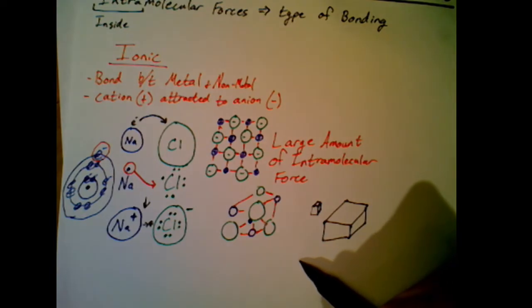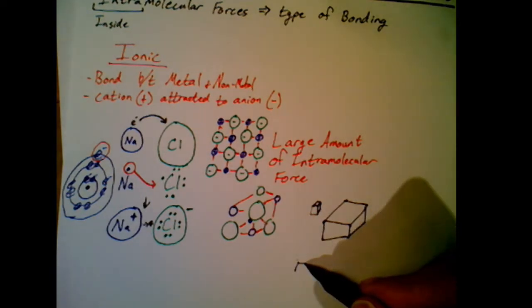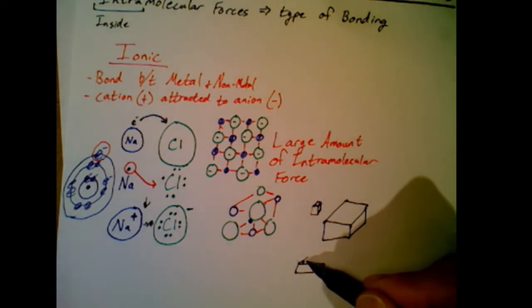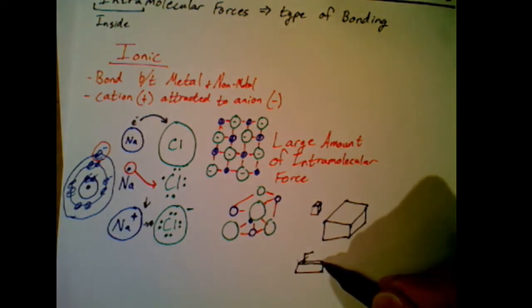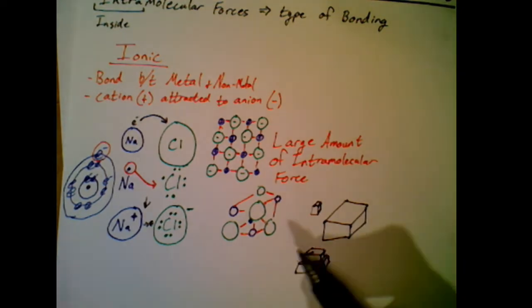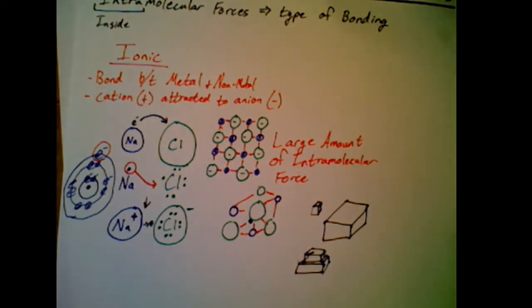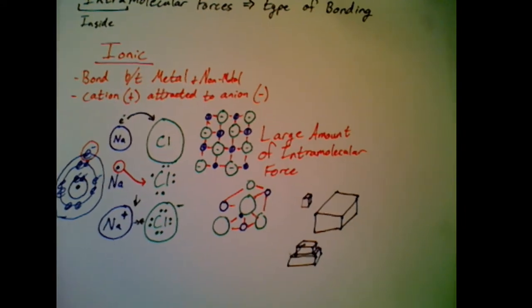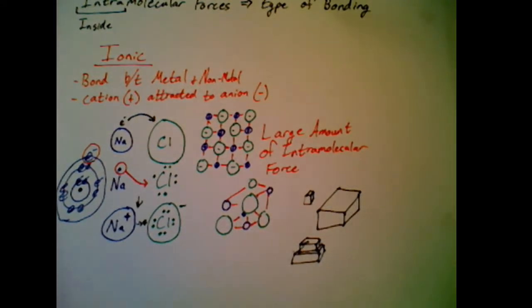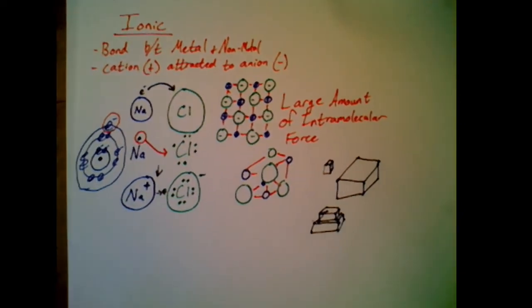Basically it will always build up in some kind of cubic fashion, and it might even be a cube stacked on a cube stacked on a cube to make larger and larger structures. This all has to do with the bonding, the way an ionic compound fits together. Different compounds fit in different ways, so they form different crystalline shapes. So that's an ionic compound.